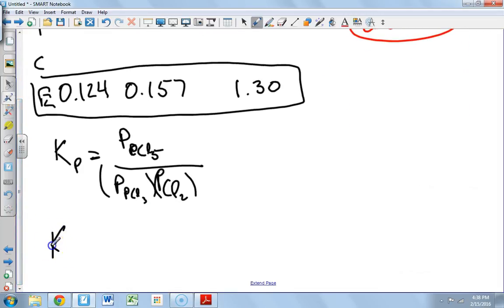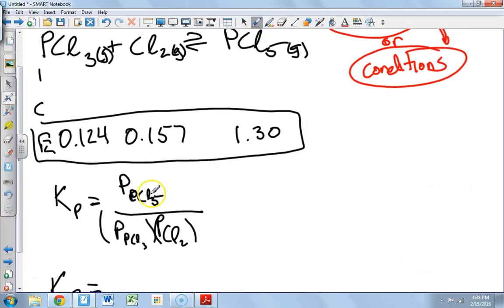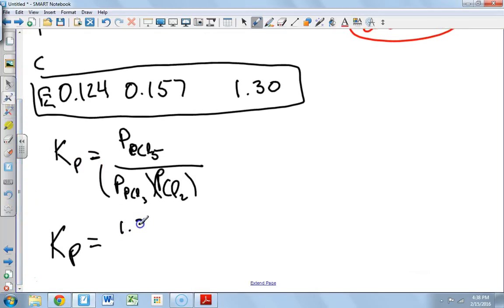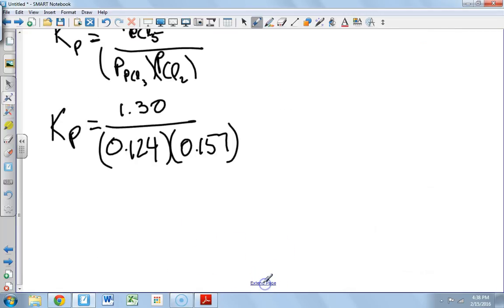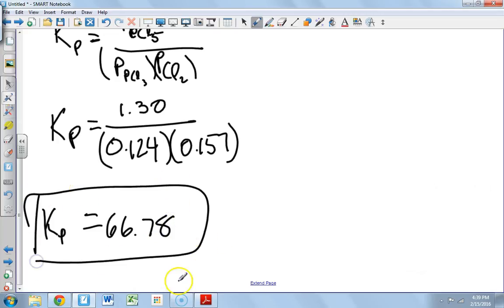Now Kp equals the equilibrium pressure of PCl5, so that's 1.30 over 0.124 times the pressure of 0.157. So this is 1.30 divided by 0.124 divided by 0.157, and so Kp equals 66.78.